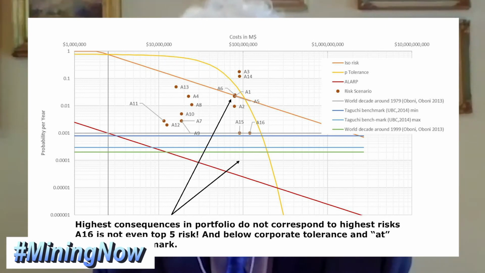But basically, you can see that a refrain that is used a lot lately, that says that dams should be qualified by their consequences, can be easily disproven, because higher consequences do not necessarily lead to higher risks. People that state that forget that risk is the combination of probability and consequence. So if you have a very, very safe dam, which has very little probability of failure, even if the consequences could be horrific, at the end of the day, its risk is smaller than other dams.